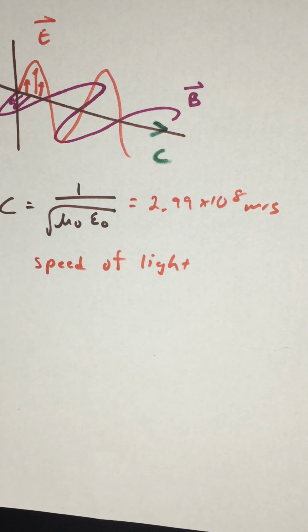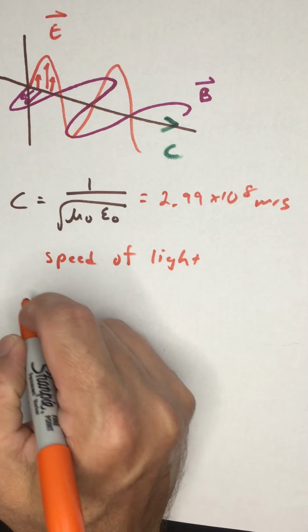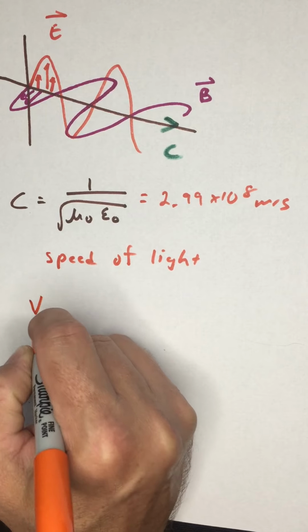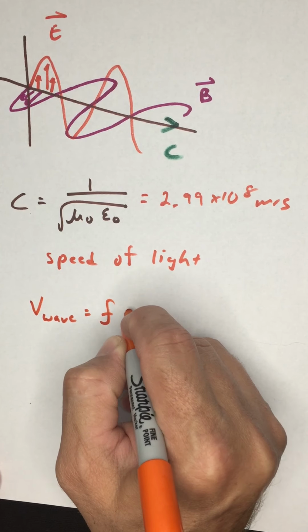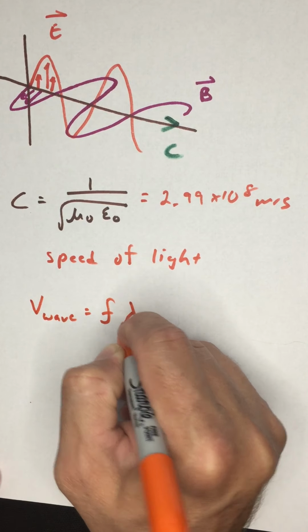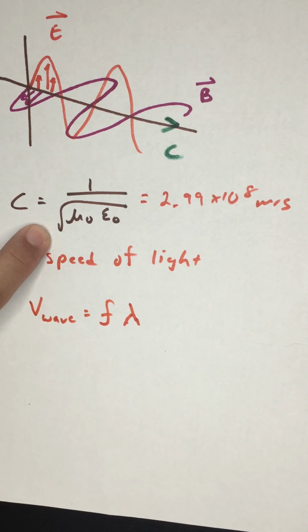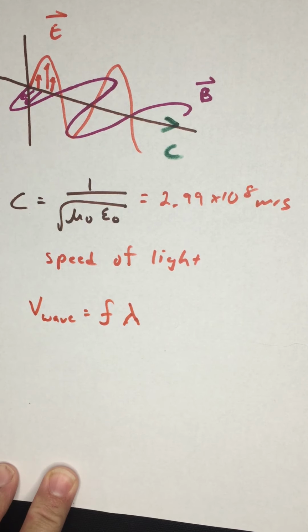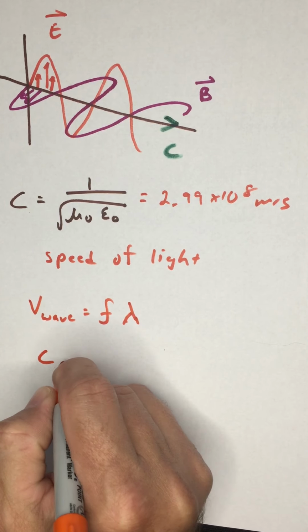Let me remind you of the general wave speed equation. In general, the speed of any wave is equal to its frequency times its wavelength. This is a general wave property. This is a specific wave property of electromagnetic waves. If you put those two together, of course, you can substitute c here for the velocity of the wave.